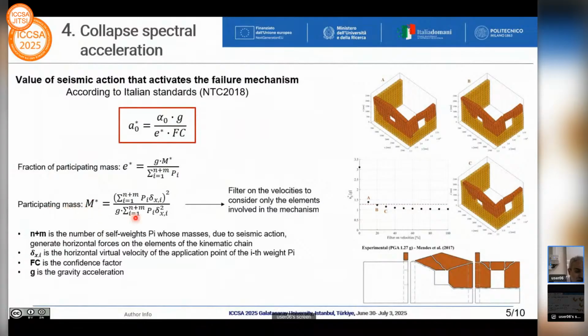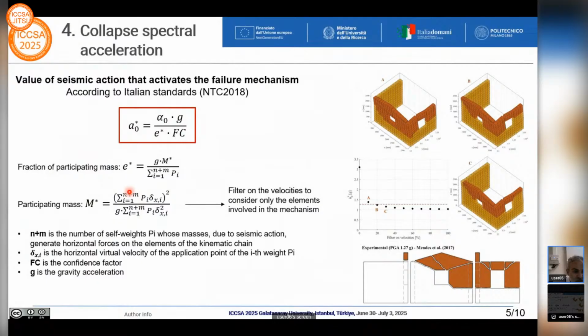The participating mass in this case, since we are within limit analysis, depends on the horizontal velocities of the hexaedron elements, and P and Pi represent the self-weight of the hexaedron element. So according to this formula, you are able to evaluate M star. With M star, you are able to evaluate E star, and with E star, you are able to evaluate A0 star.